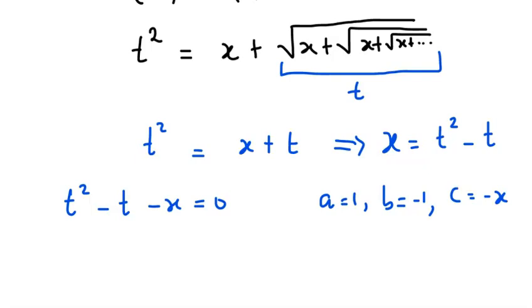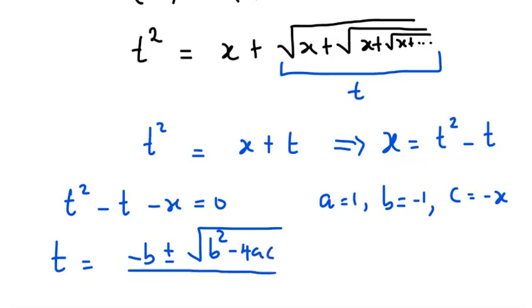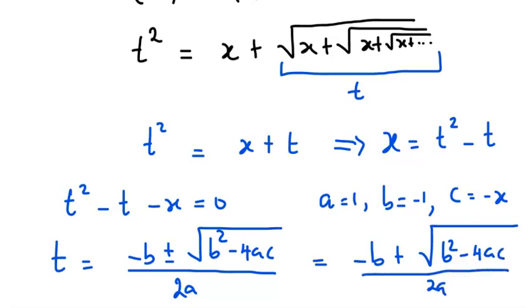Now we apply the quadratic formula. t is going to be equal to -b plus or minus the square root of b squared minus 4ac, divided by 2a. But take note of this. This infinite nested radical can never result in a value which is less than 0, right? For this reason, we're going to take the positive value, which is -b plus the square root of b squared minus 4ac, divided by 2a.